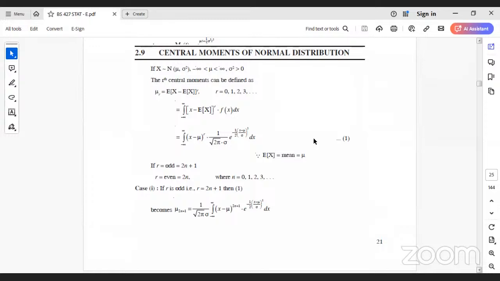So it becomes mu 2n plus 1, which is 1 by root 2 pi sigma, integration from minus infinity to infinity of (x - mu) power 2n plus 1 into e power minus 1 by 2 ((x - mu) by sigma) whole square.